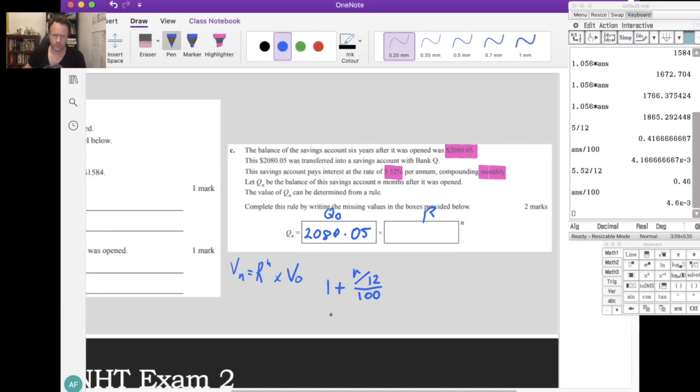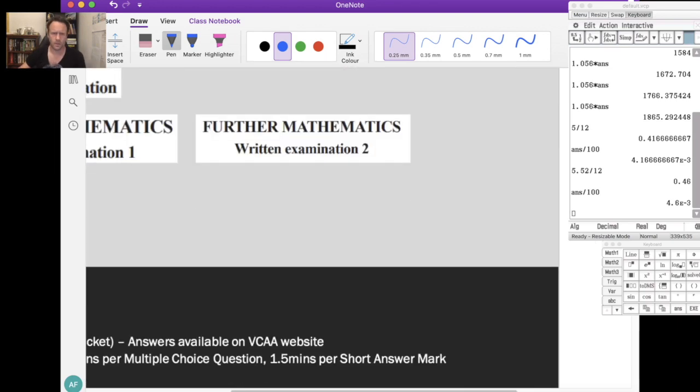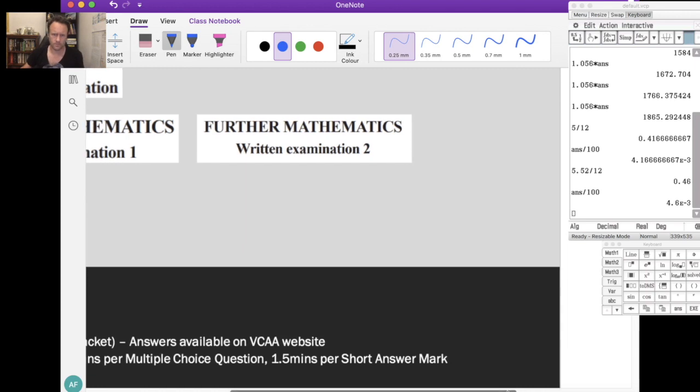And that gives us 1 plus 0.0046, which is equal to 1.0046, and there's our answer. And that is it.